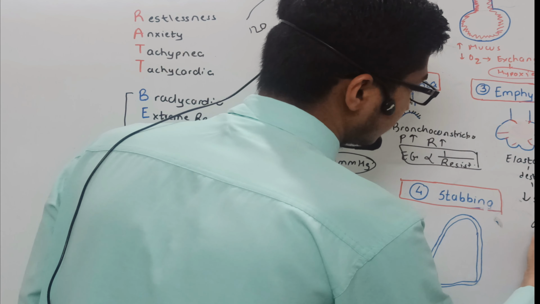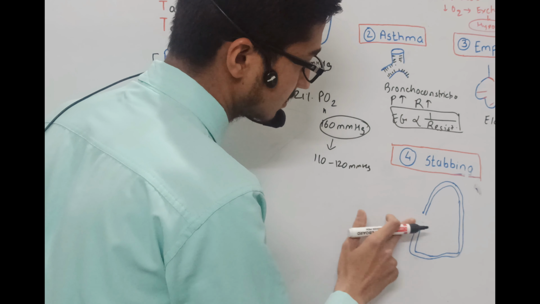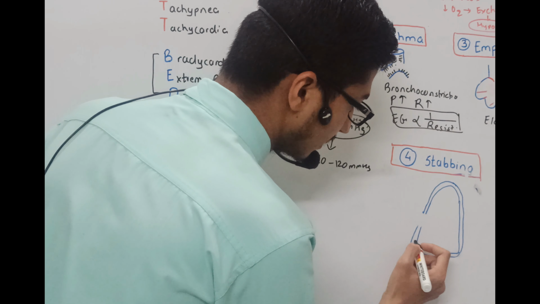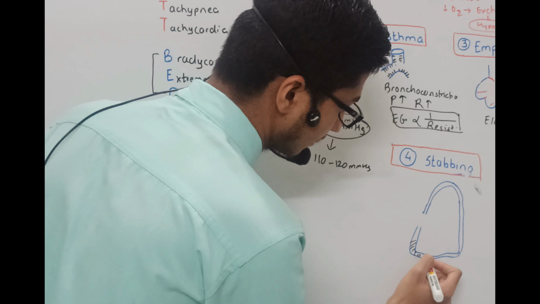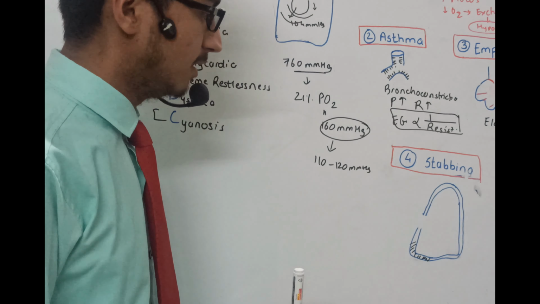Fourth and the last example in the pulmonary disease is stabbing. Let's suppose someone has stabbed your lungs. What happens here? The pressure inside the pleura starts equilibrating itself to the pressure in the atmosphere. So in return, what happens? Lungs start collapsing. Lungs start moving inside.